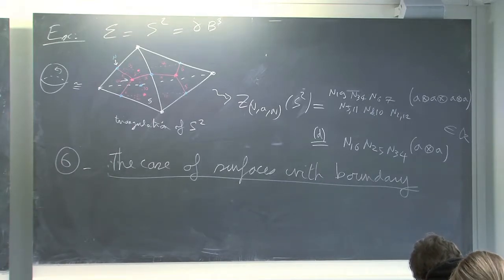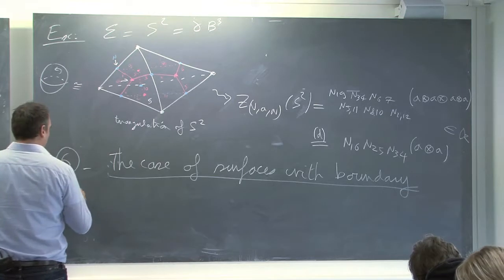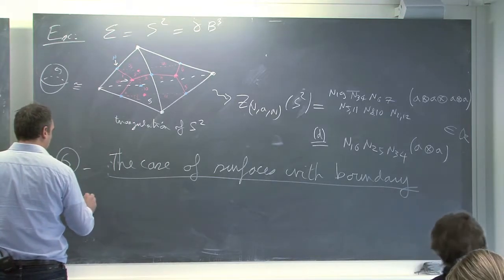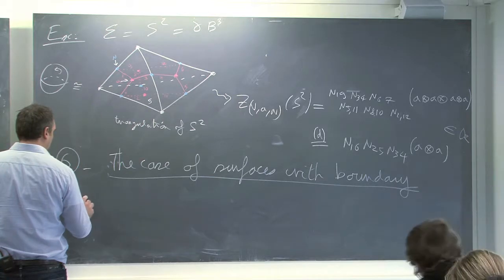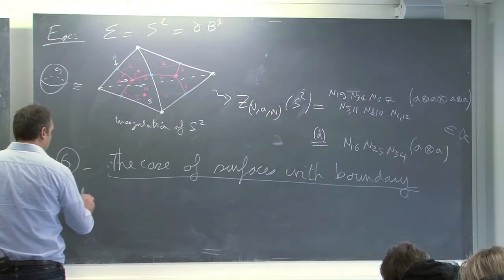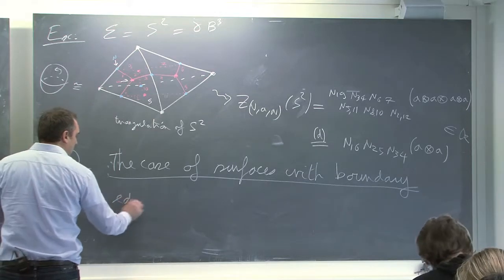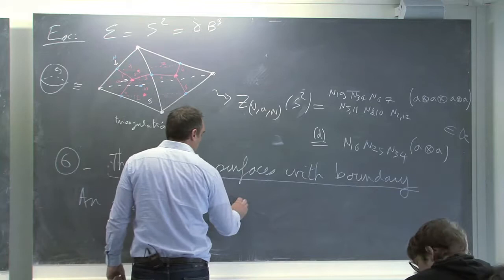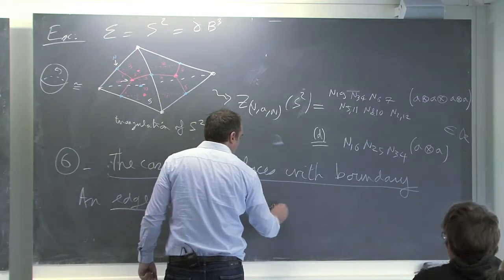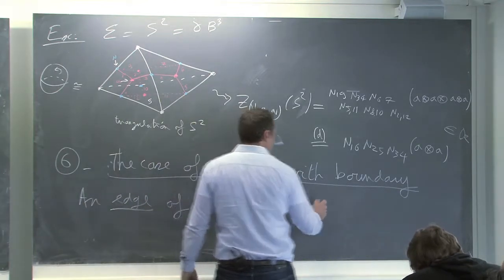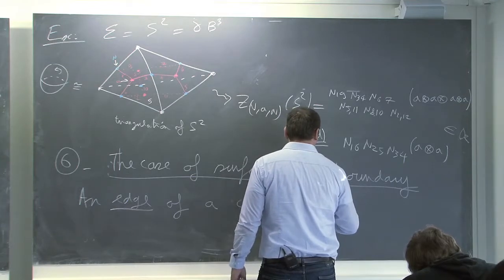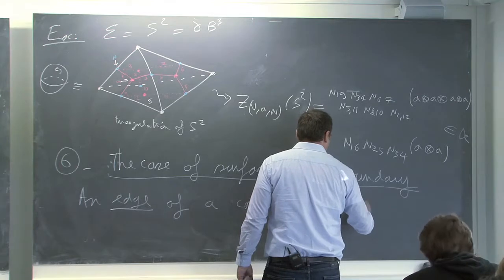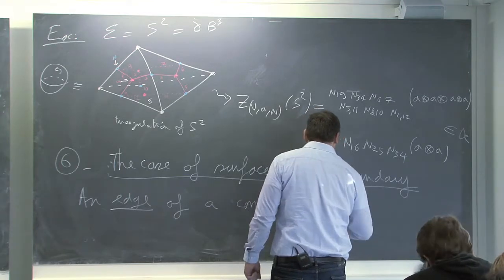So I say an arc, let's say an edge, of a compact one-dimensional manifold.